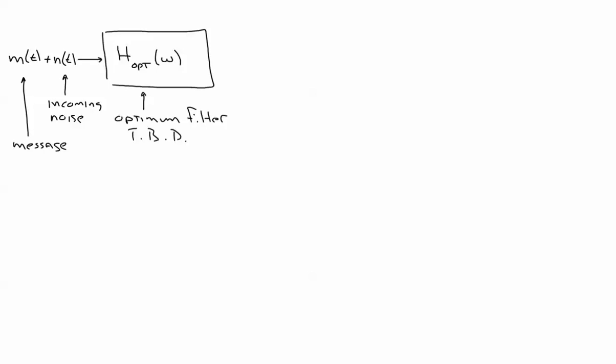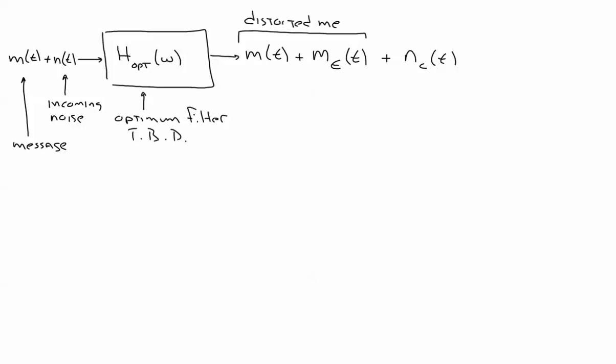And what I'm going to do is assume that at the output I have my message plus an M sub epsilon distortion term plus a filtered noise term. Let me write down what all these things are. My message plus a distortion term is going to be my distorted message. This is my original message.